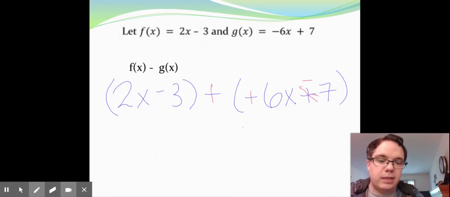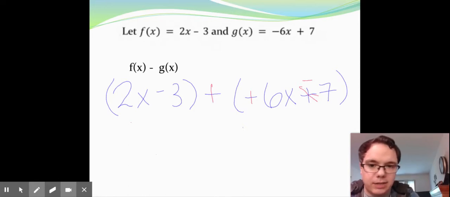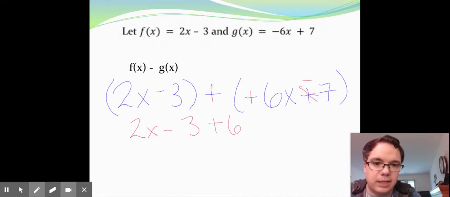Remember, that's how we add and subtract expressions together. If we were subtracting, you always change the subtraction to addition, change the signs in the second. So we really have 2x minus 3 plus 6x minus 7. So we'll get 8x minus 10.